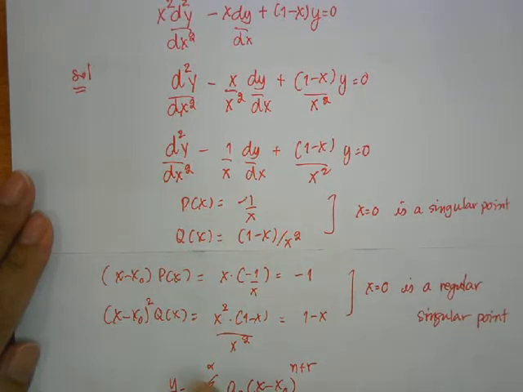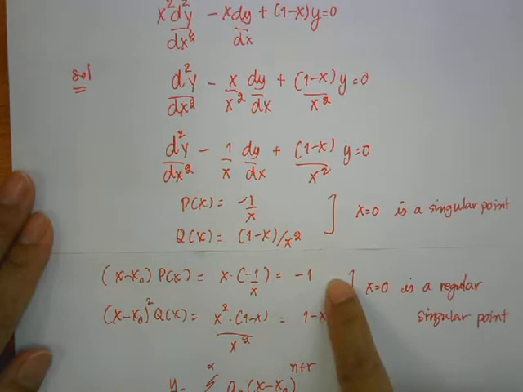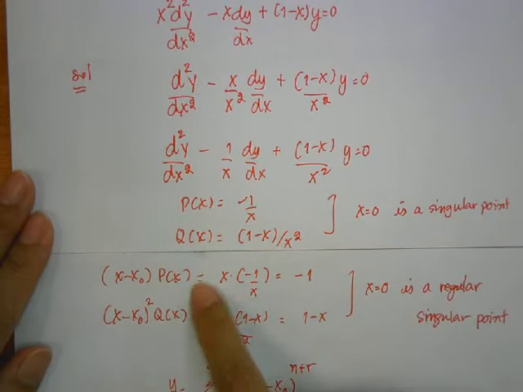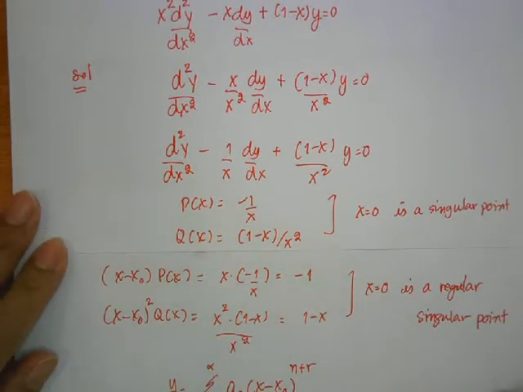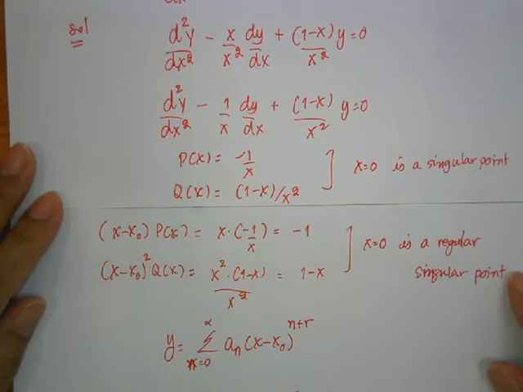From that, we would get that x p(x) is equal to minus 1 and x squared q(x) is equal to 1 minus x. If you plug in x equal to 0, these two functions become analytic. So that means x equals 0 is a regular singular point.